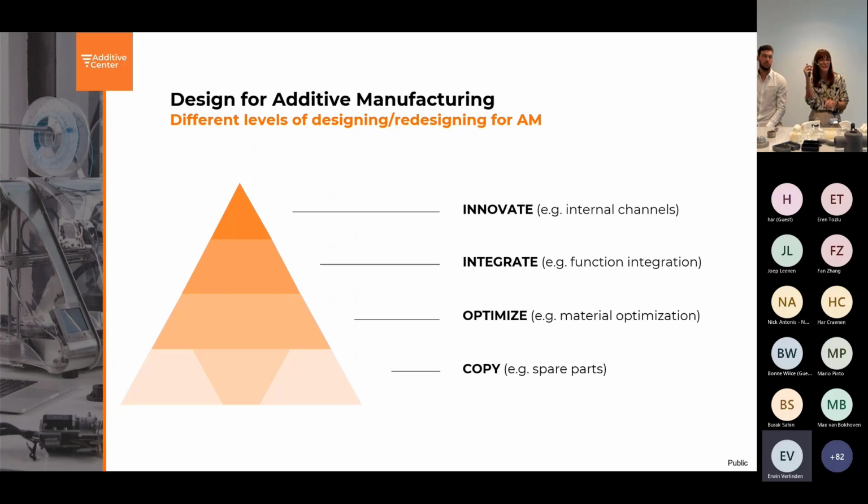It hasn't been like this before, but it has been optimized, so it is designed for 3D printing. The material around it is optimized and you come to the final geometry. Integration is when multiple functions or multiple parts are integrated into one. And then the innovative stage comes when you use all of it before, or you create something totally new. So you integrate, you optimize, and you create a new structure that could be produced only with 3D printing.